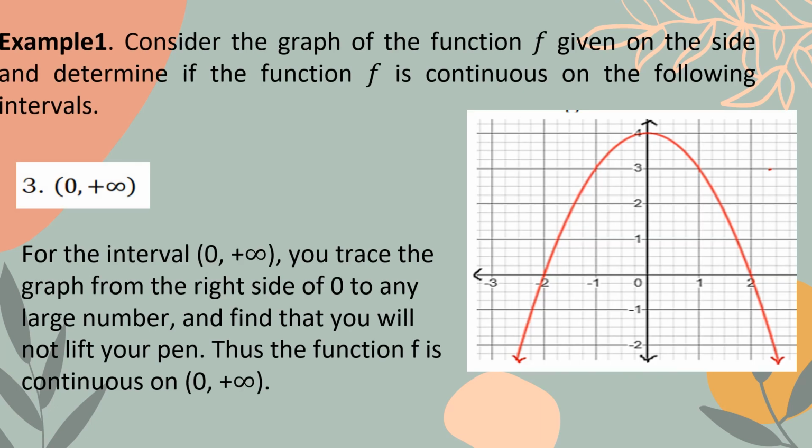Next, number 3, from 0 to positive infinity. For the interval 0 and positive infinity, you trace the graph from the right side of 0. For example, if x is equal to 0, y is equal to 4.